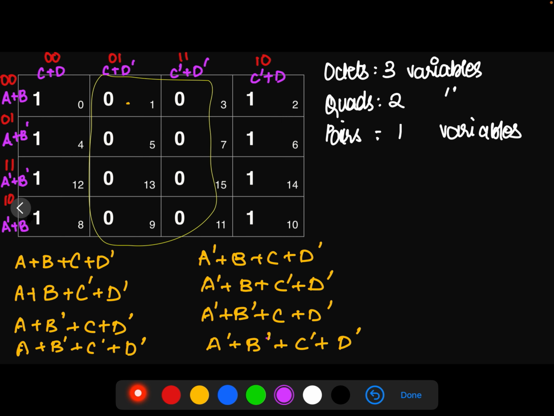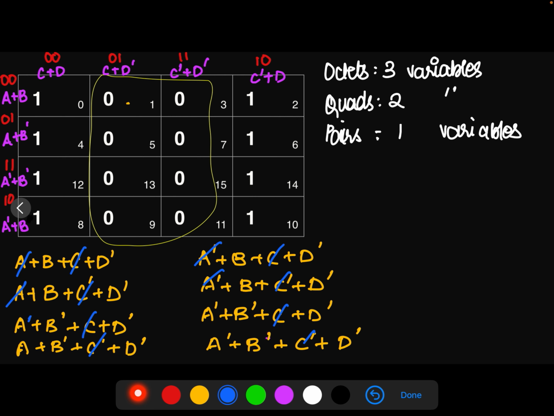Now, the same thing that we did in SOP, we find any two pairs and eliminate the complements. If we take these two, we can eliminate C and C dash. If you take these two, we can eliminate C and C dash again, and the next pair as well. Now you can take any other pair, say this and this. We eliminate A and A dash.